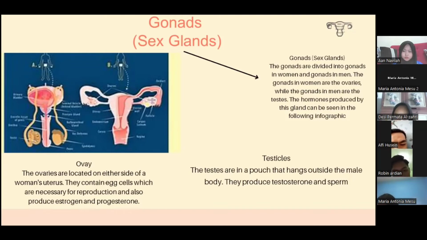Testes. The testes are located high in the male body. They produce testosterone and sperm.